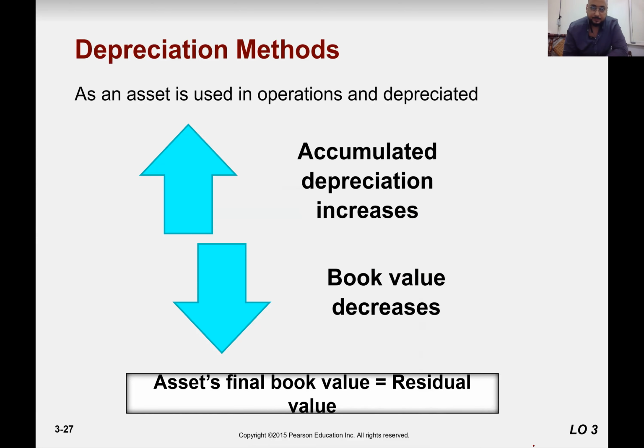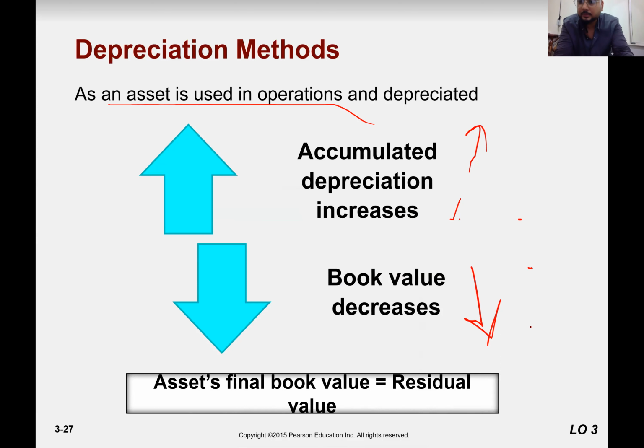As the assets are used in the operations, accumulated depreciation starts increasing and its book value starts decreasing. What is the book value?